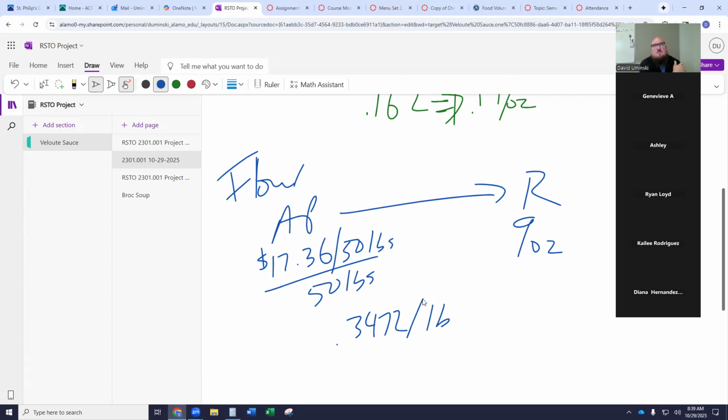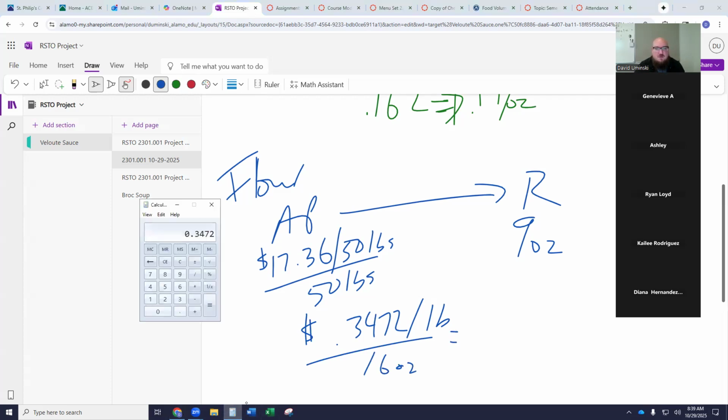Okay, so did you convert 9 ounces to pounds? You converted the cost per pound to ounces. Yes. Okay, so then you divide this by 16 ounces. And what did you get for your cost per ounce? It was 0.217.